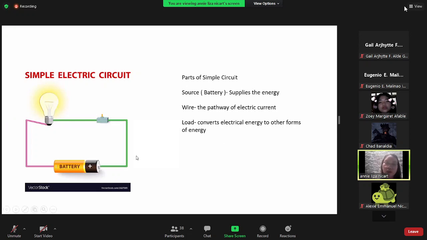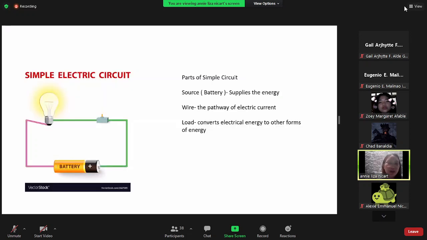Yan. So yung load converts electrical energy to other forms of energy. Depende kung ano yung klase ng load. Bulb, washing machine, electric fans, blender, TV, so these are loads. Kino-convert nila yung electrical energy into other forms of energy.